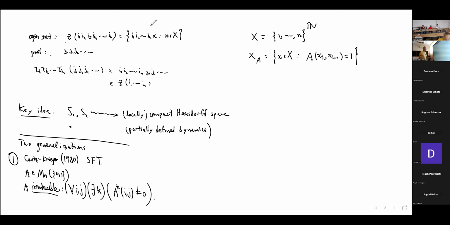So you might say that irreducibility means that you can always find a sequence that's allowable that goes from i to j, for any ordered pair of items. So that's a compact subset.